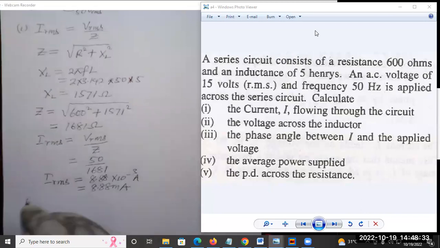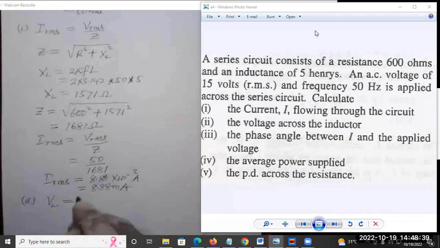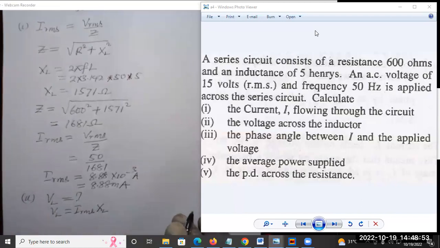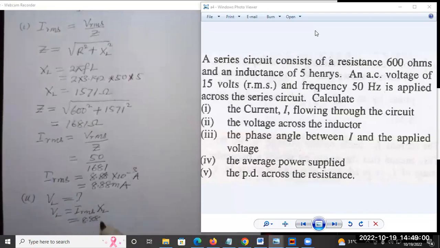And next, we're asked to find the voltage across the inductor, that is VL. The expression is the root mean square current multiplied with the inductive reactance. The calculated current is 8.88 times 10 to the power minus 3.